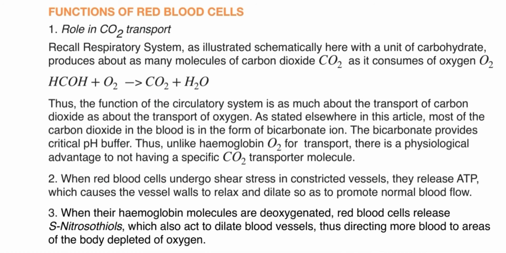Thus, unlike hemoglobin for oxygen transport, there is a physiological advantage to not having a specific carbon dioxide transport molecule. Hemoglobin is used for the transportation of oxygen, but there is no such mechanism for transport of carbon dioxide, and it is of much advantage to us.